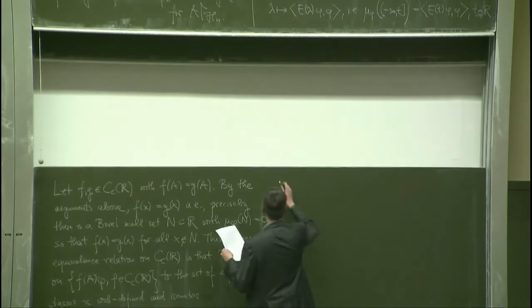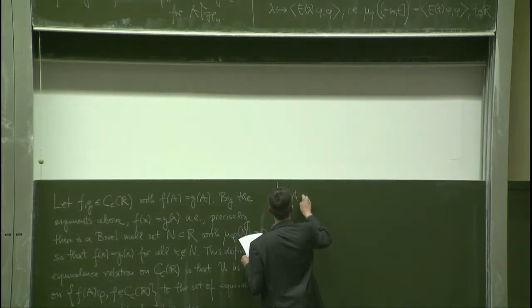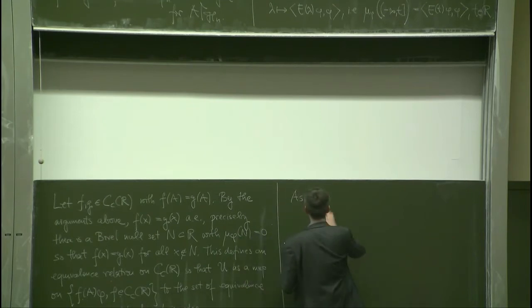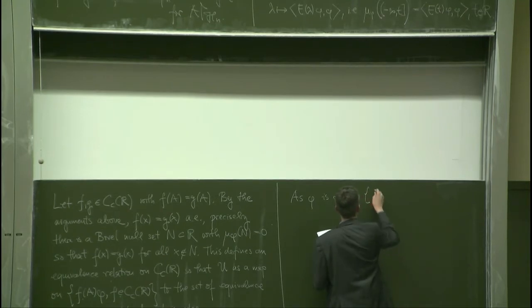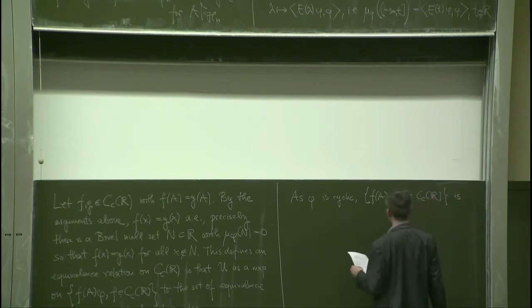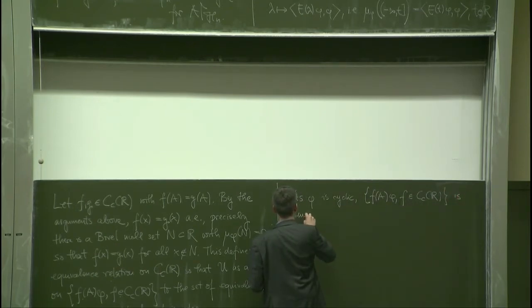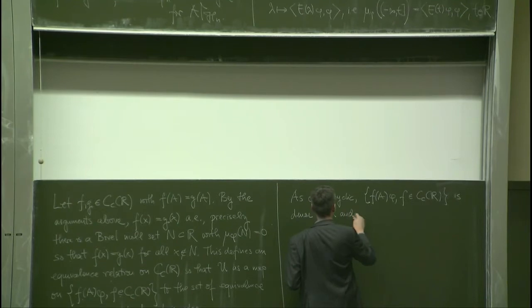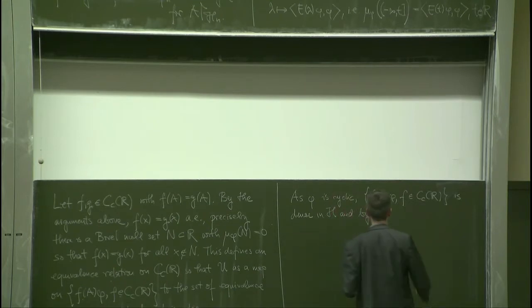Now, as our vector phi is cyclic, we have that the set f of A phi for f in CC of R is dense. We find that this is dense in H, and then by the so-called BLT theorem, or BLT, bounded linear transformation.